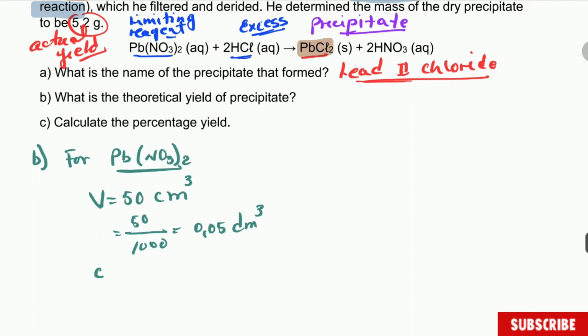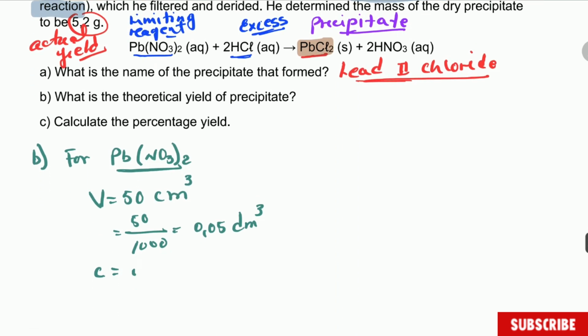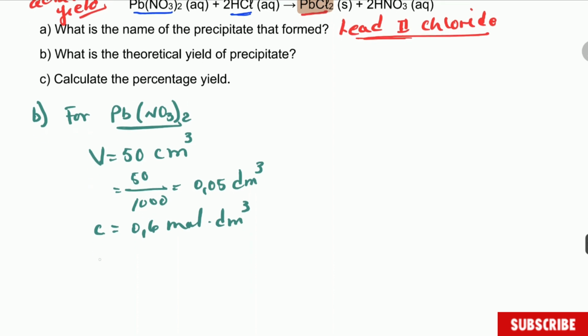Now what else do we know? We know the concentration of that solution, which is 0.6 mole per cubic decimeter. And then we are going to calculate the number of moles. So how do we calculate the number of moles? What formula can we use here? Concentration is equal to number of moles divided by volume.